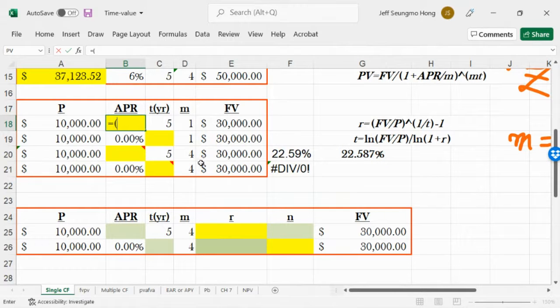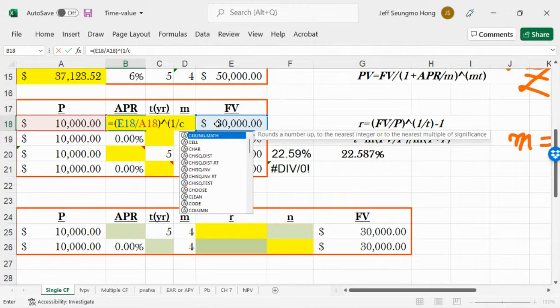All you need to do is FV over PV raised to 1 over t, minus 1. Although I want to click it in, when the formula is hovering above it, you can't click it in.